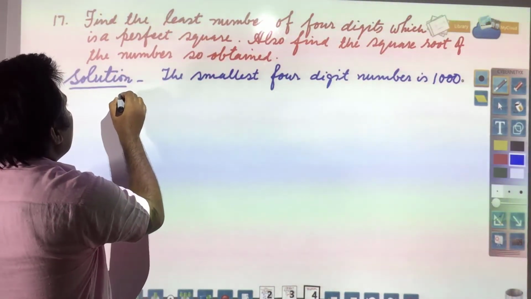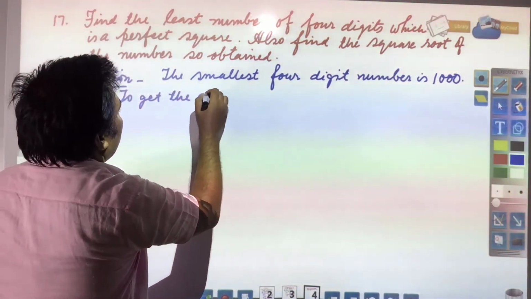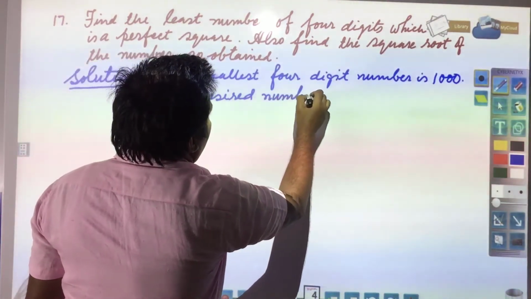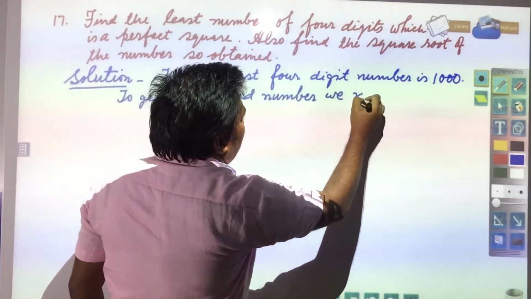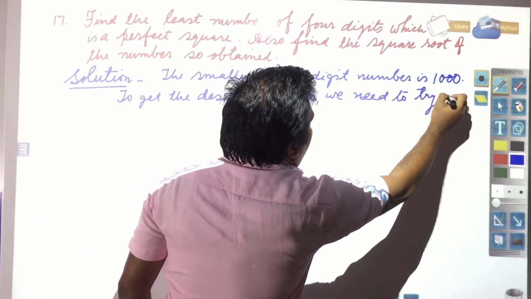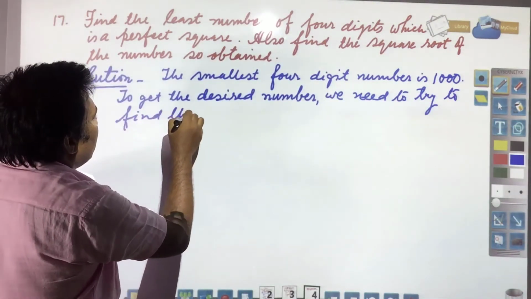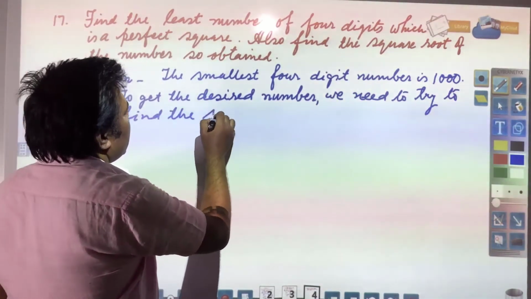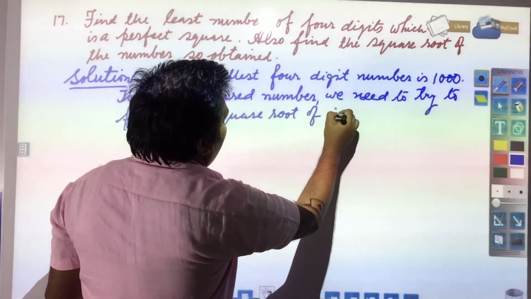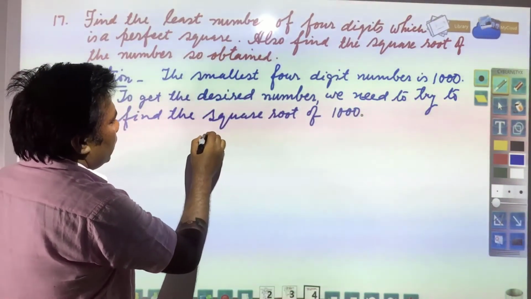We will write, to get the desired number, we need to try to find the square root of 1000. Just try to find out the square root of 1000.